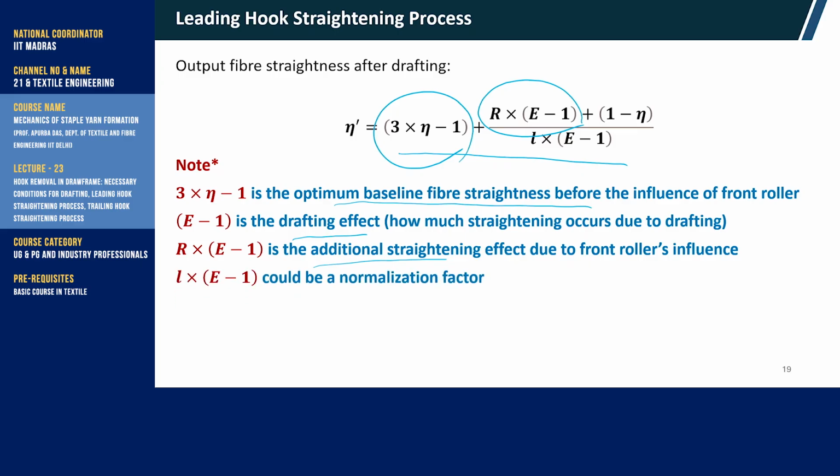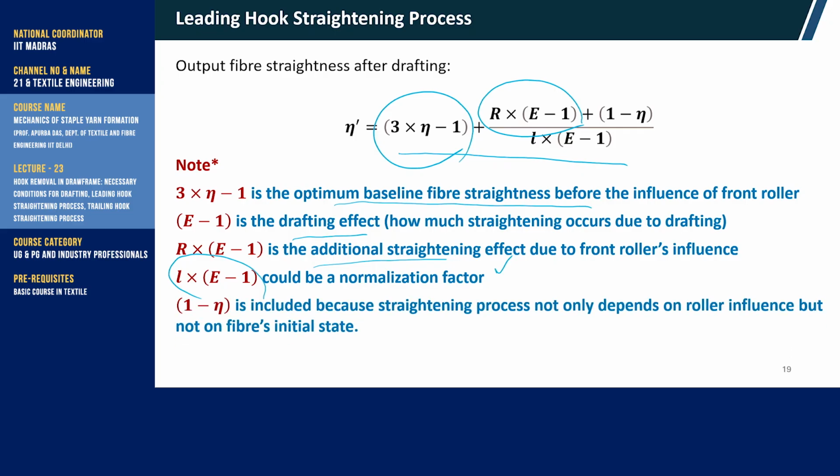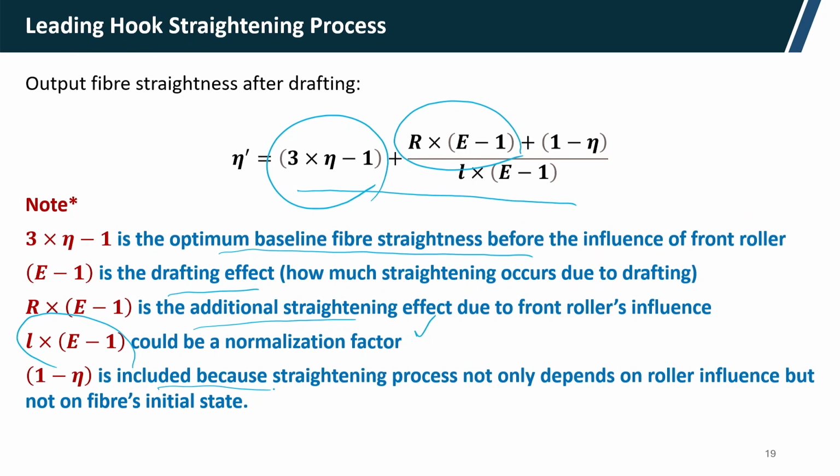L multiplied by E minus 1 could be a normalized factor, and 1 minus eta is included because the straightening process depends not only on the roller influence, but also on the fiber initial state.